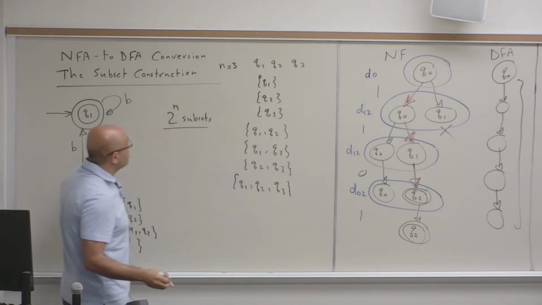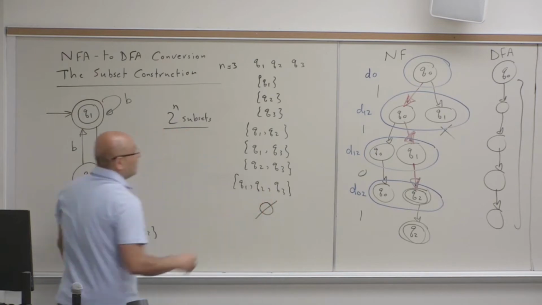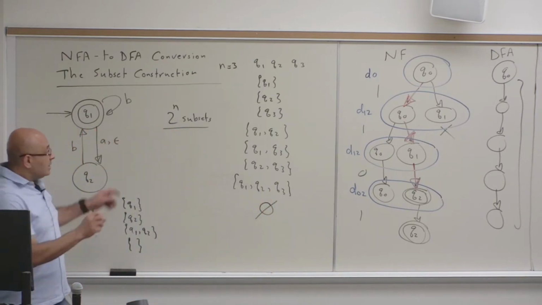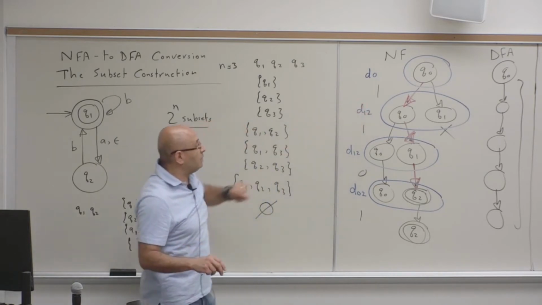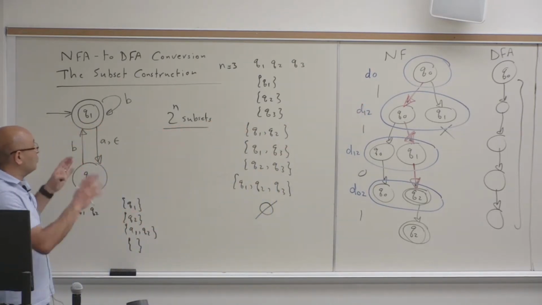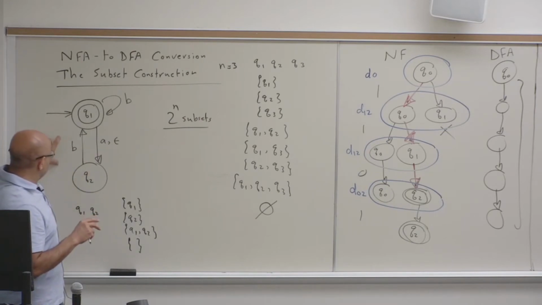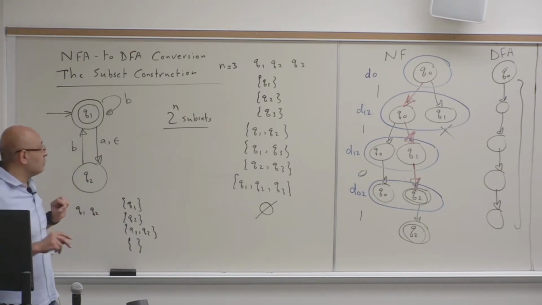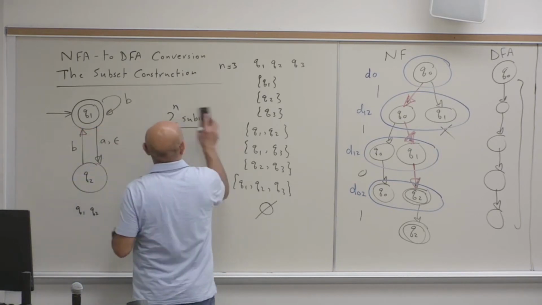And the 8th subset is the empty set. So this is what we are trying to reach, because a state in the DFA that we are trying to construct is going to be a subset, and we have to make sure that we cover all possible subsets of the set of states in the NFA that we are trying to convert. So the number of subsets is going to be 2 to the power n.